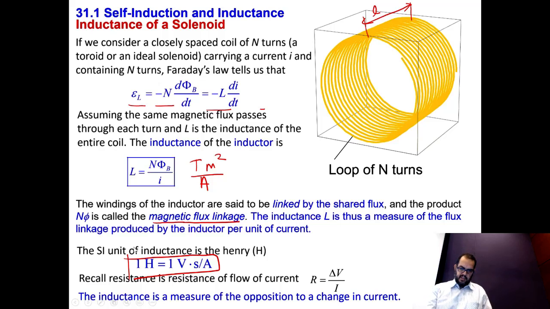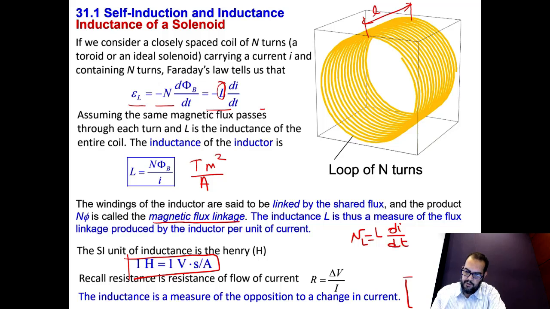Recall that resistance is a flow of current: R is delta V over I. Here we can see that the inductance is minus the induced EMF, or the inductor voltage, divided by the derivative of the current. Usually in electrical engineering, we say VL is equal to L di/dt.